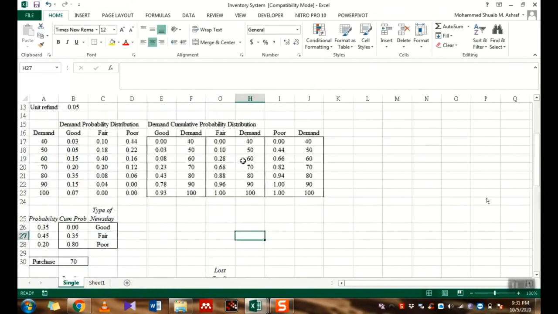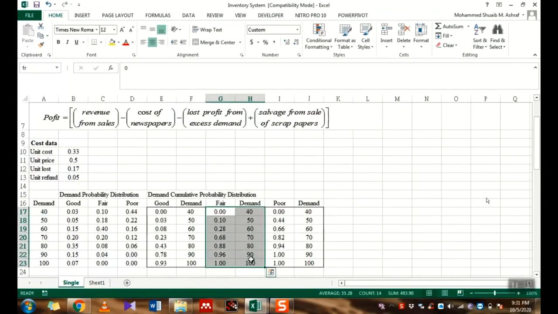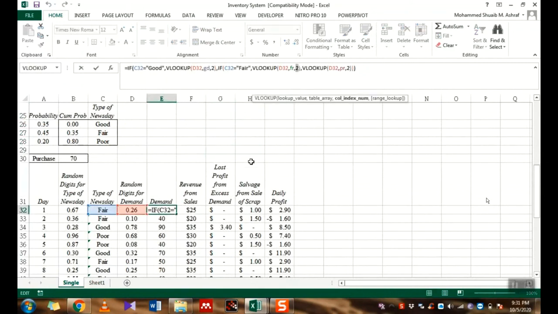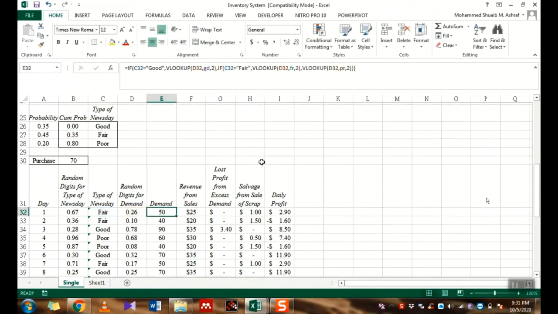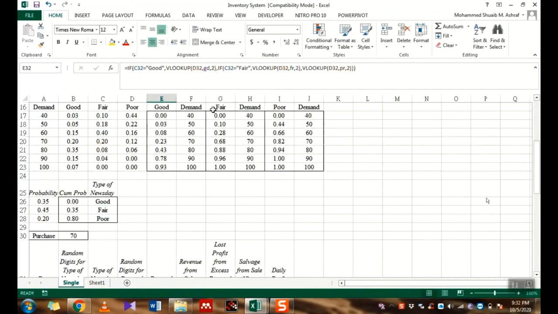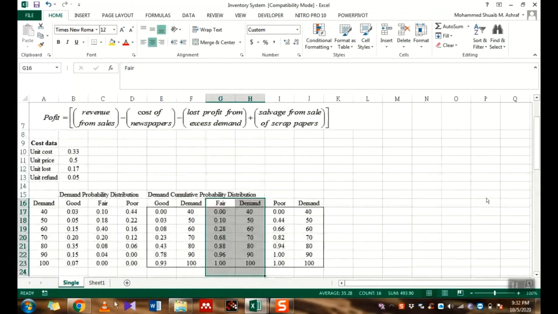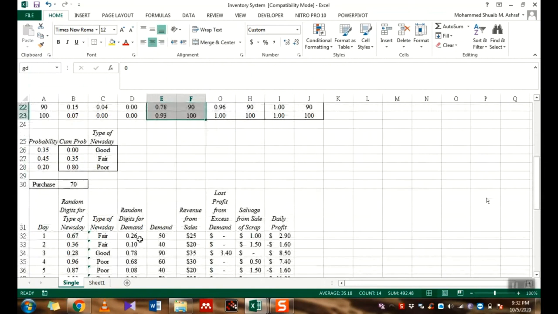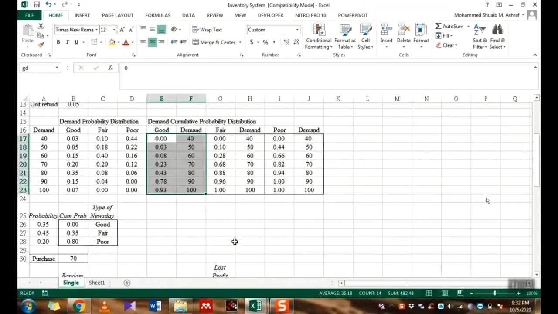So these values are being searched, and the index value is 2. As before, we use the lookup function. For good, these values will be passed in the lookup function with index 2. So demand will be returned for the type of news day, fair or good or poor.